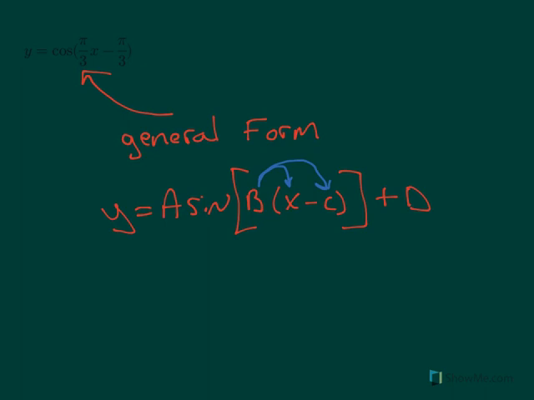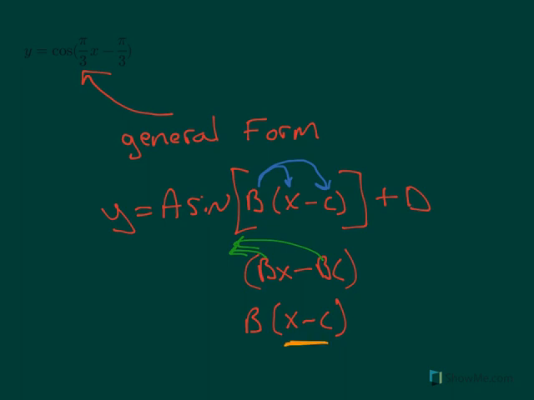So let's say you had your b distributed in, so if you have b times x minus b times c, if you don't have those two-layer parentheses, then you need to factor the b off of the x minus c so that you get your b factored off and your x minus c all by itself.